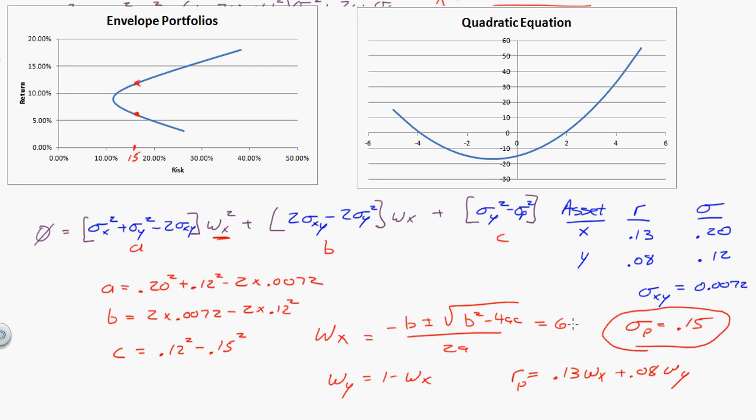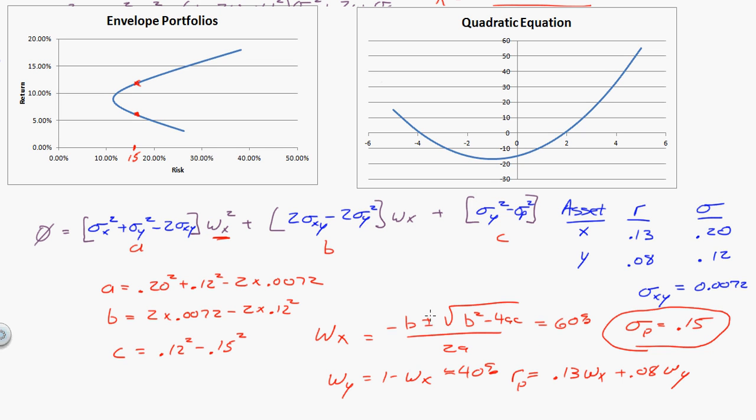So now you can tell the client, let's say, I don't know what these numbers come out to be. Let's say this comes out to be 60% and 40%. So if that's the case, you're going to say to the client, look, you take 60% of your portfolio and put it in X, and 40% of your portfolio and put it in Y, and the return you're going to get is whatever this comes out to be, and the standard deviation, the risk you take, is this 15%.